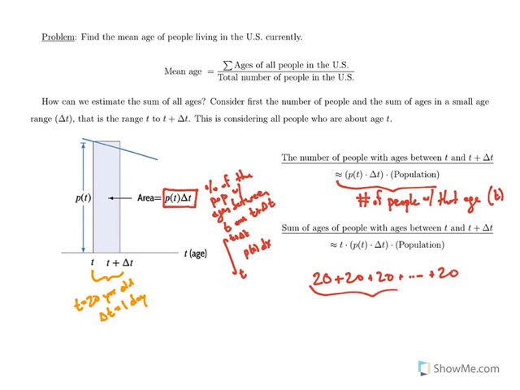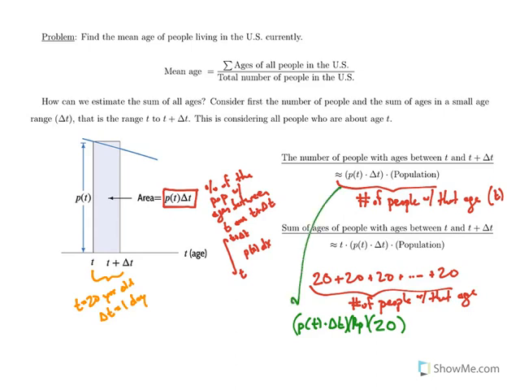And the number of times I'm going to do that is the number of people with that age, which I found above. That will give us, in this case, 20 times P of t delta t times the population, what I found up here.